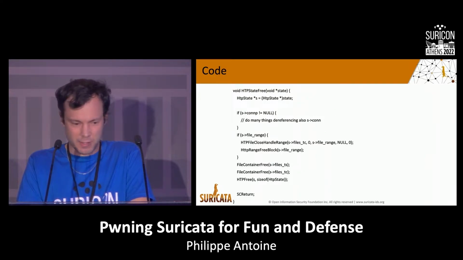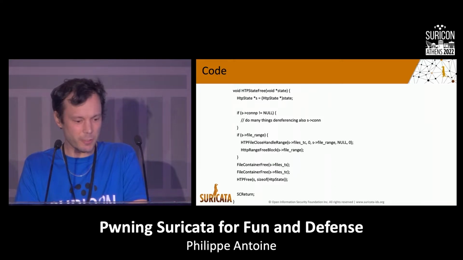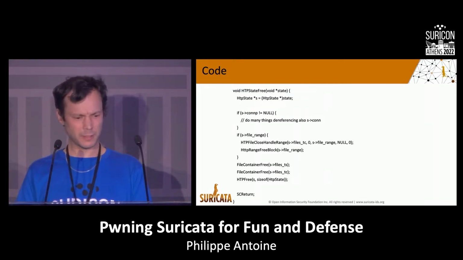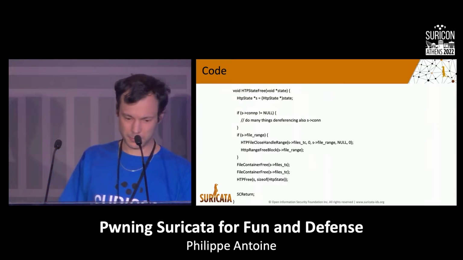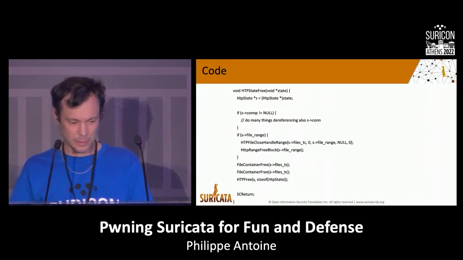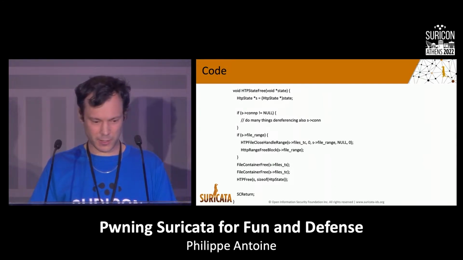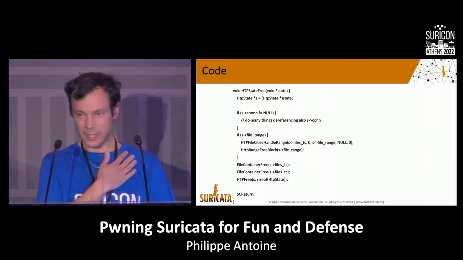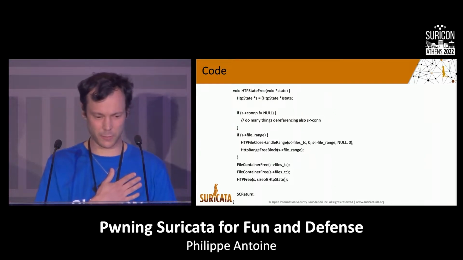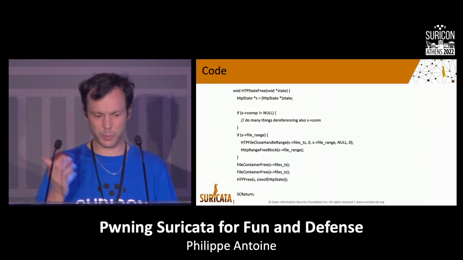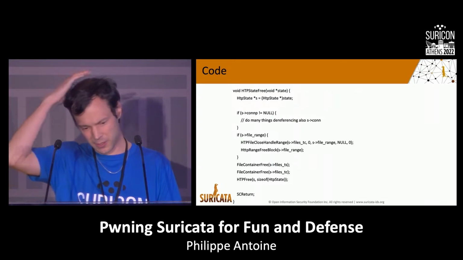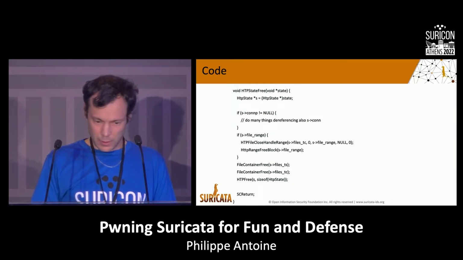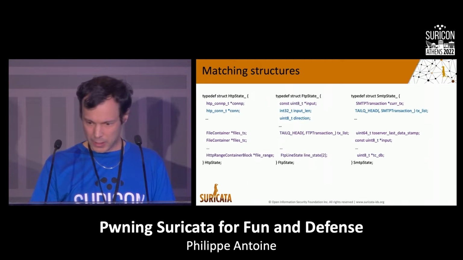And so this HTTP state 3 function does quite a few things. Here I highlighted the one that will be interesting. You see that we have the state, which is called S, and there are different fields that are used: conp, file range, files TS to server, files to client.